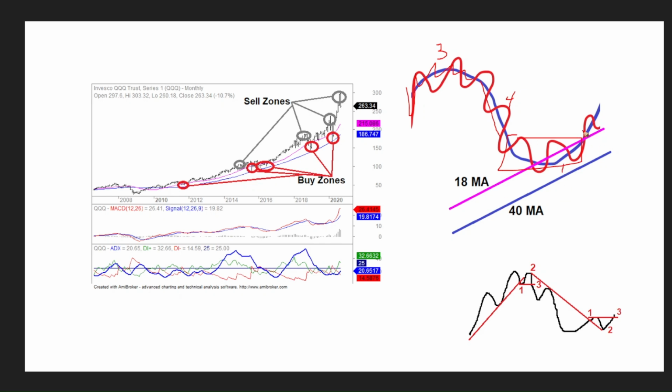Okay. And then here is where you start stage 2, where you start to come out of this basing phase and start a new uptrend. All right. Now, if you notice, the way I have drawn this is we can see the higher time frame. So let's just make this simple. Let's say this is a weekly chart, and what I'm showing you here with the blue line and the price action is the daily.